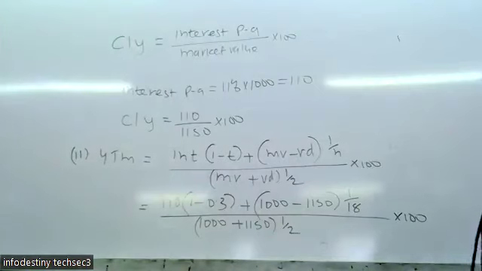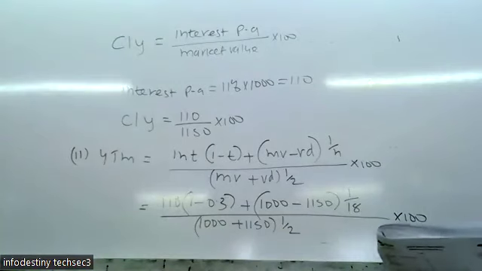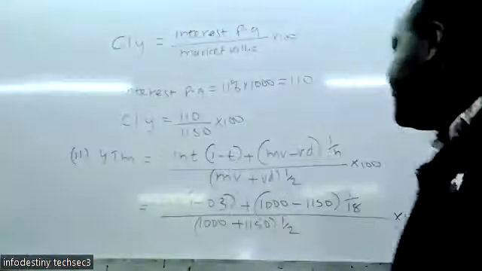Now we compare to make the comment in Roman letter 3. In Roman letter 3, they were asking us to explain the relationship between the calculated yield to maturity, current yield, and the coupon rate. So let us see how we can deal with that.